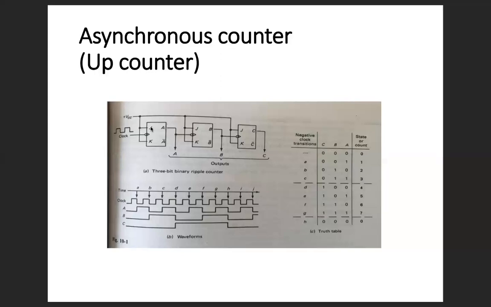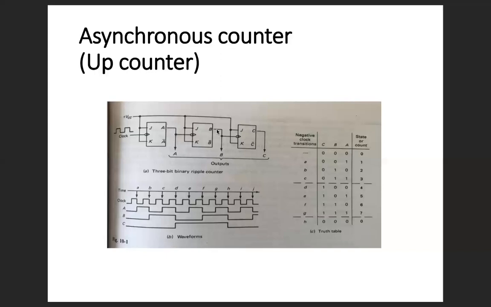So your input for J and K is 1, 1. Therefore, your output will always be in toggle mode. So it will be 1 0 1 0 1 0. That is the reason why we are having output 1 0 1 0 at flip-flop A.